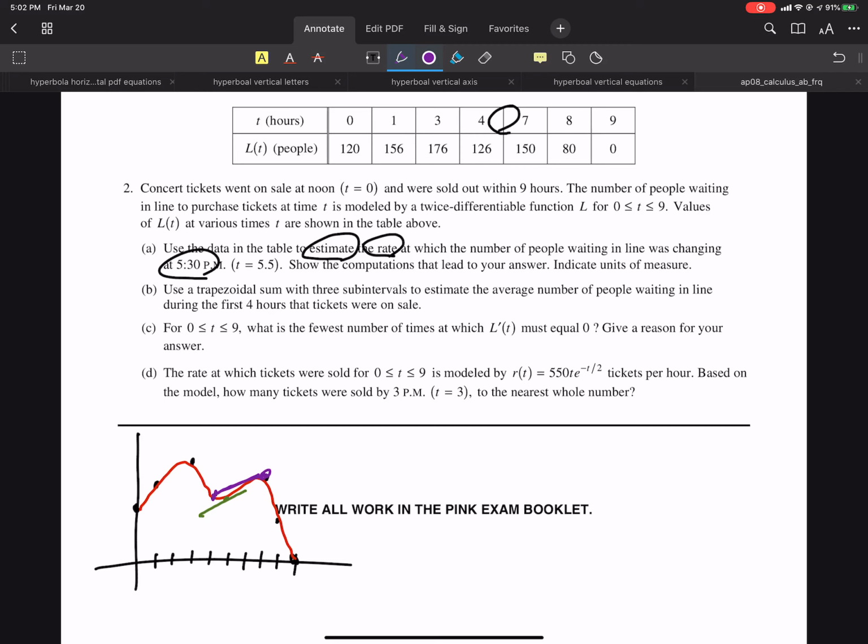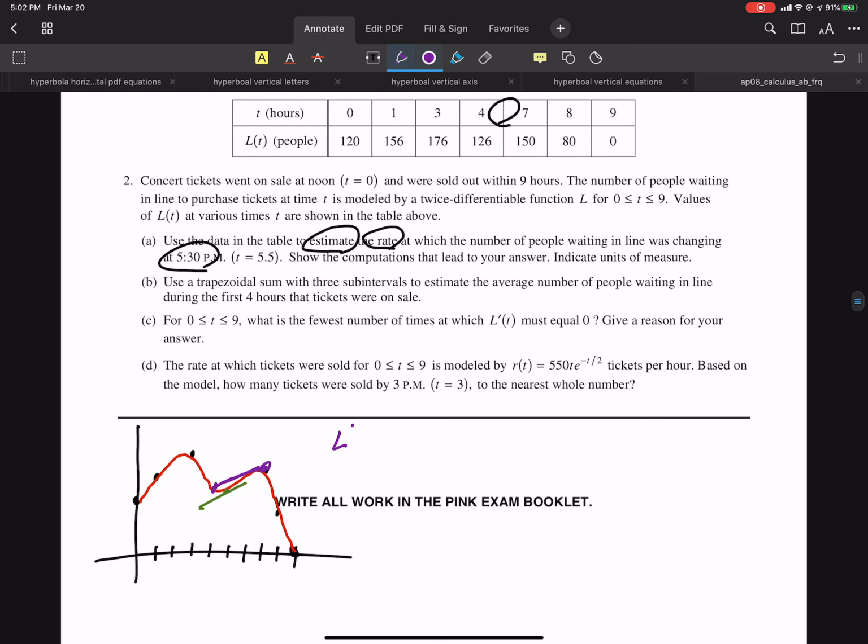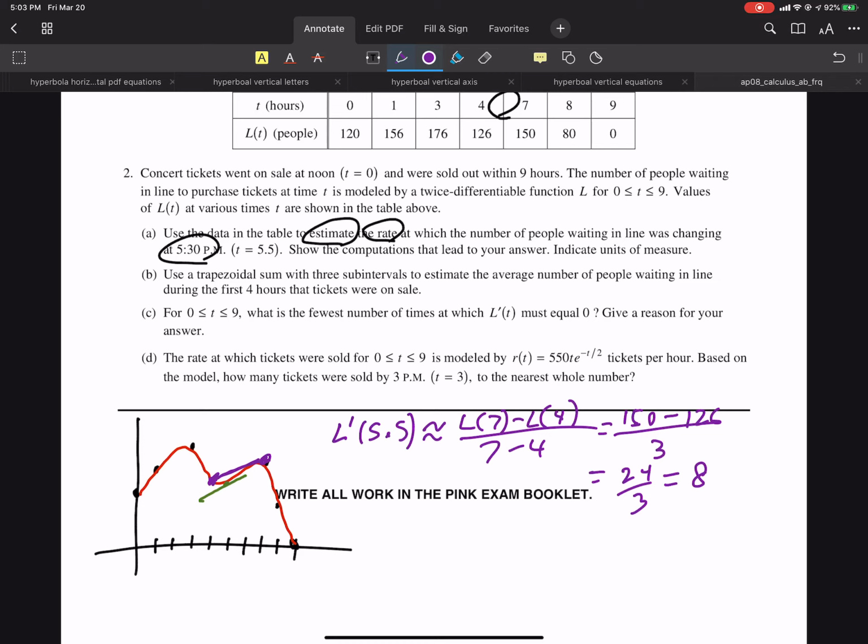So L prime at 5.5 is approximately equal to the slope between those 2 purple points, which will be L of 7 minus L of 4 over 7 minus 4, which is 150 minus 126 over 3, which is 24 over 3, which is 8.